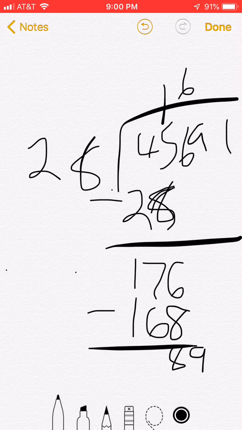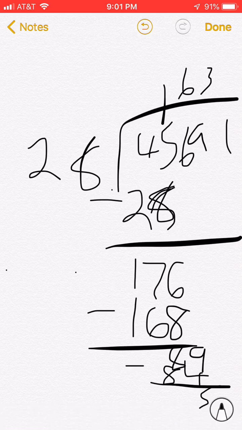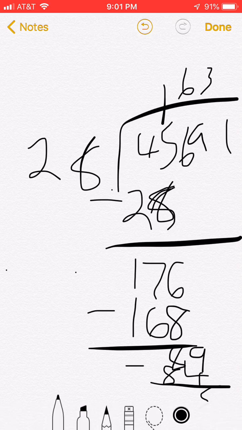And then we make that 89. It goes into 89 3 times, minus 28 times 3 equals 84 to get 5, 51. I'm supposed to write 51 down there. That means 51. And 28 goes into 51 once.